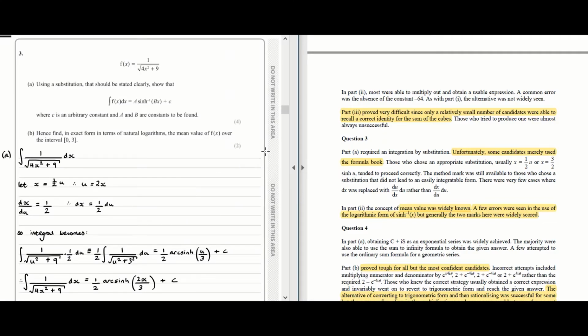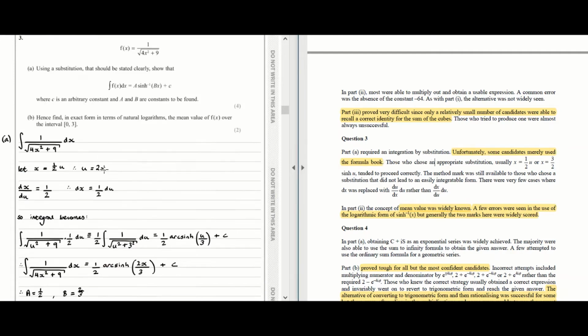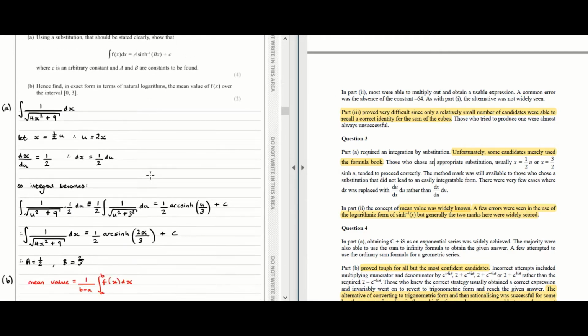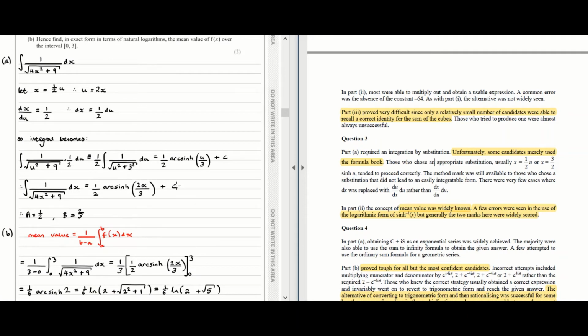In terms of the third question, where you basically had to evaluate this integral, well, first of all, you're given a clue in the question on how to approach this. You've got the inverse hyperbolic sine to use in this question. You can use the formula book, but it required integration by substitution. Okay, so just be a bit careful, and then from there you can obviously use the formula book.